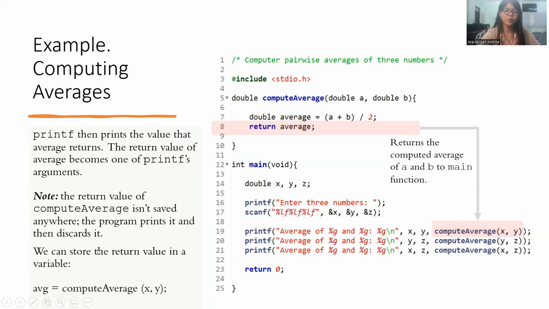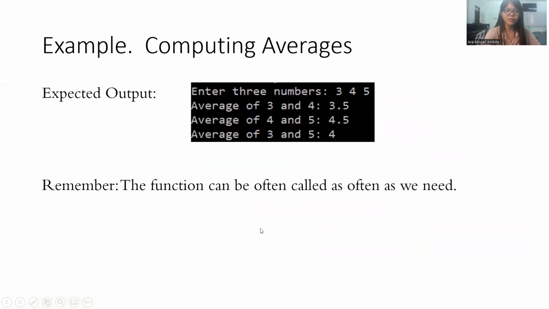What we can do to store the return value in a variable is to revise our code. We add an additional line wherein we store the return value of compute average to this avg variable.